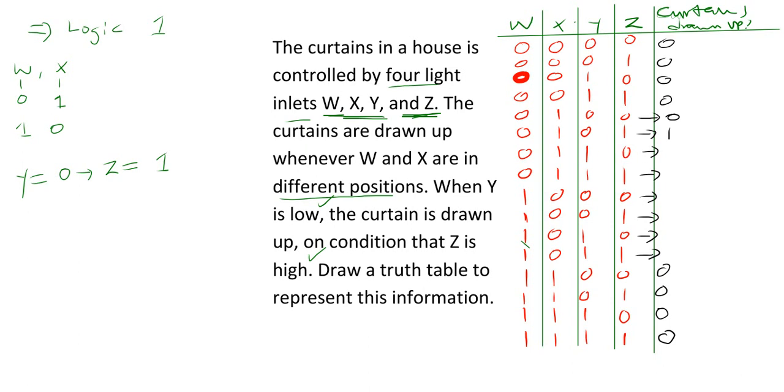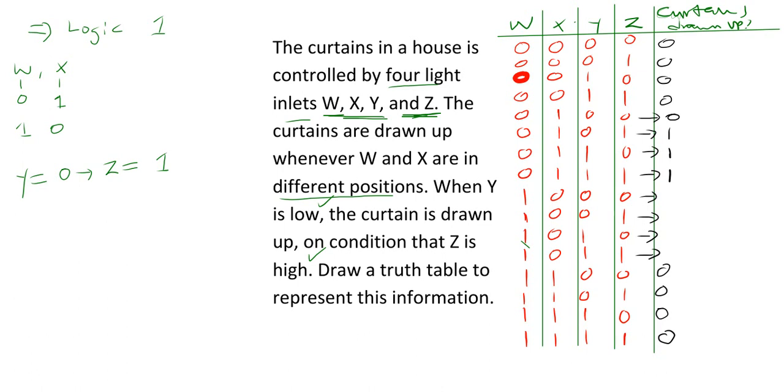So as long as this condition is met, we automatically have a 1, because for Y being high and Z low, we don't have such a condition. Then for this row also we put a 1, because we don't have any restrictions for these conditions.